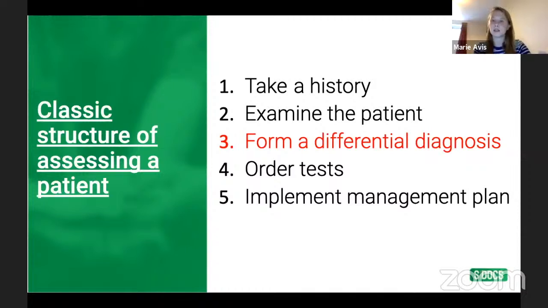So what I like to do is really think about my differential diagnosis first before I even see the patient, and just think, someone comes in with chest pain or a headache, what should I be asking them? What am I looking for? What am I thinking they could have? And that's what we're going to look through in most part today. And then after you've got your differentials, you'll order some tests and you'll implement a management plan.